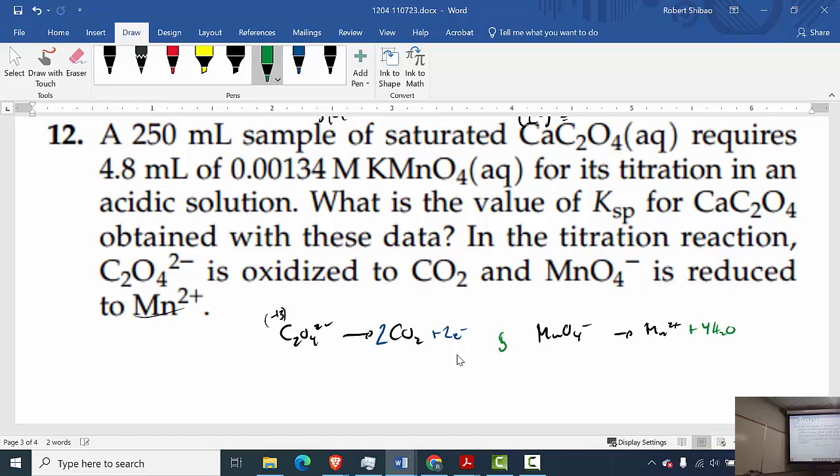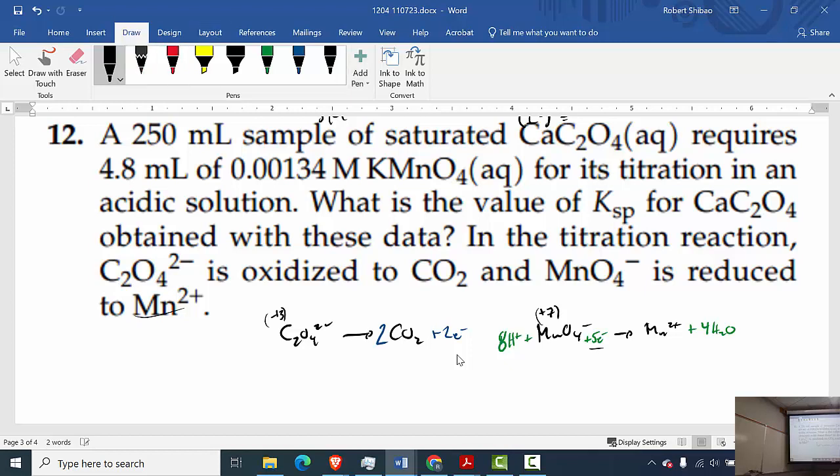So we need 8H plus. And then this is +8 minus 1 is +7, and so we'll need 5 electrons. Which makes sense because manganese is going from, what is the oxidation state of manganese over here? +7 to +2. So going from +7 to +2 is going to require 5 electrons to do that.